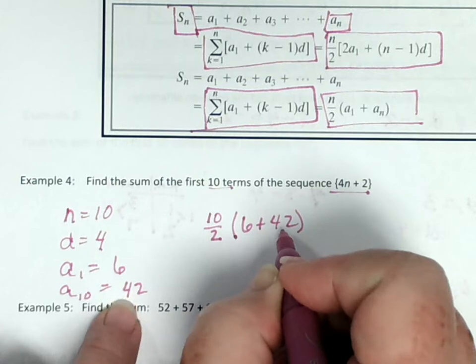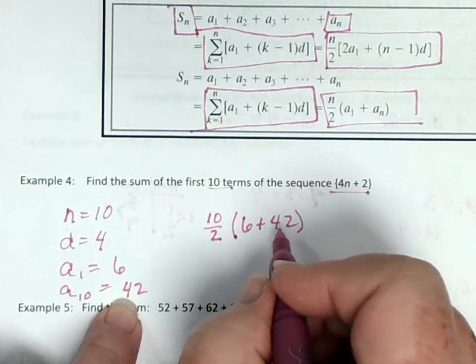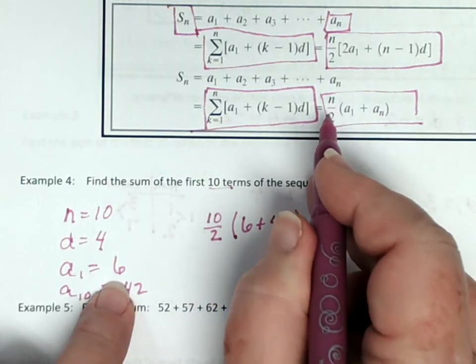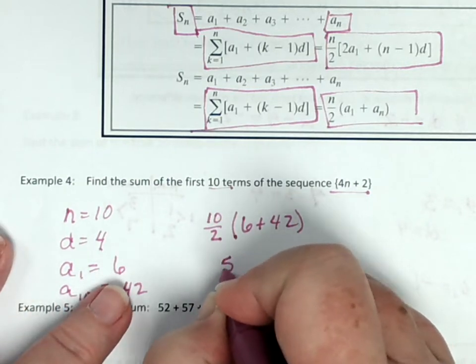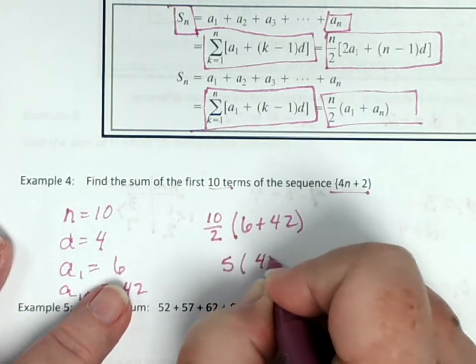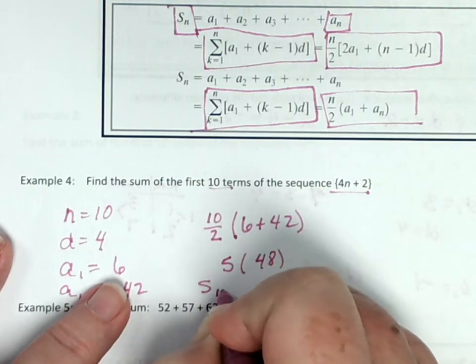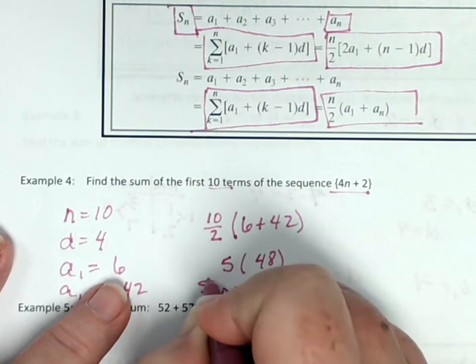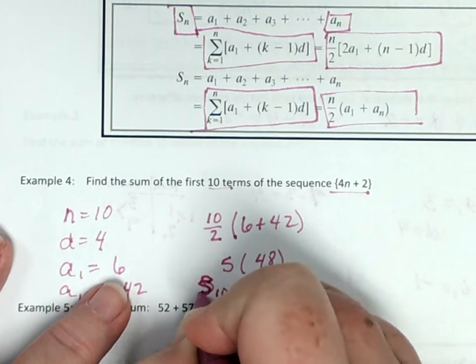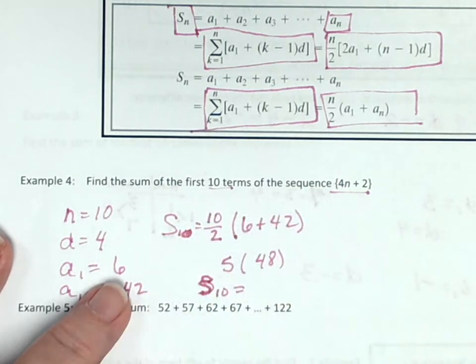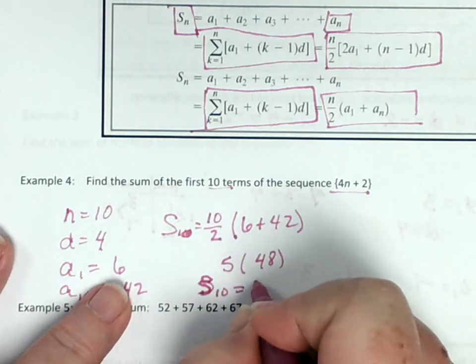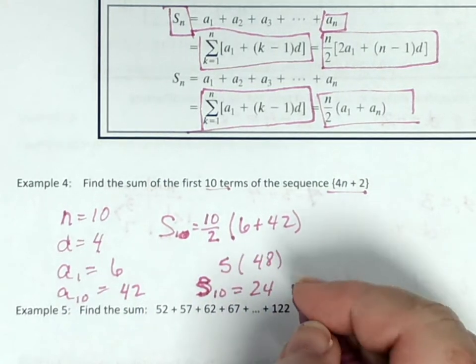That's the first and the last added together, and then the number of terms divided by 2. So I have 5 times 48, which means the sum of the first 10 terms, and that's the way we write it, capital S, the sum of the first 10 terms is equal to 240.